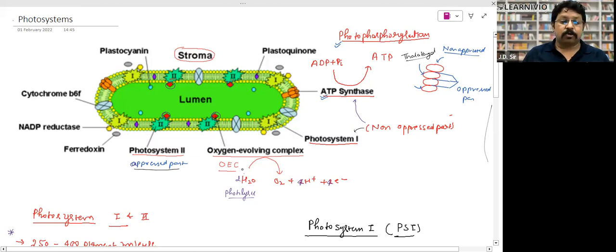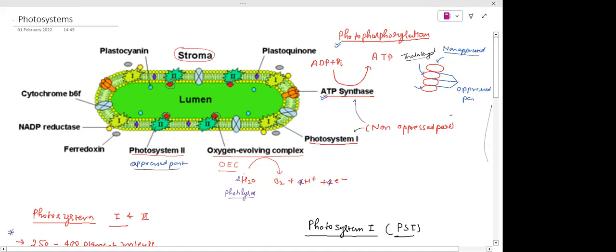This oxygen evolving complex breaks down the water molecule. Due to breakdown of the water molecule, oxygen comes, hydrogen comes, and 4 electrons come. The process of breakdown of the water molecule is called photolysis. Is that clear?